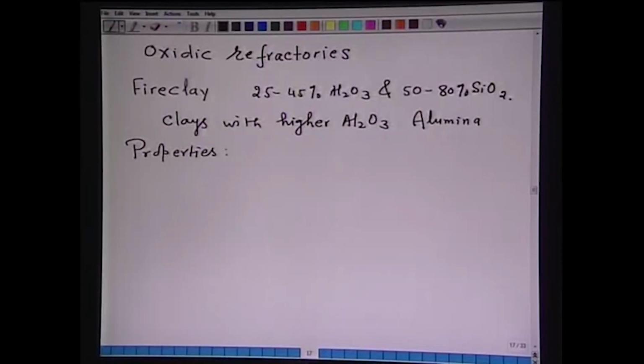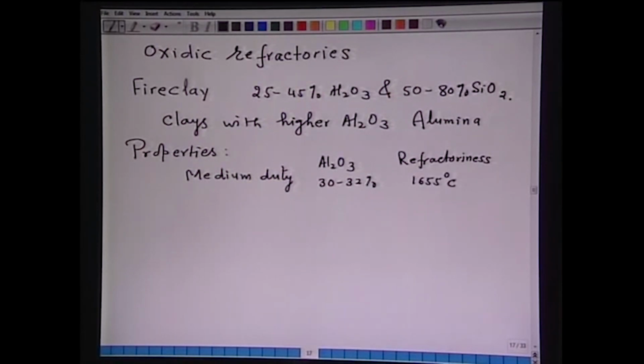Different type refractories, for example, we have medium duty refractory. Medium duty refractory, they have Al2O3 content varies from 30 to 32%. Their refractoriness, which is a property of the refractory, goes up to 1655 degrees Celsius.